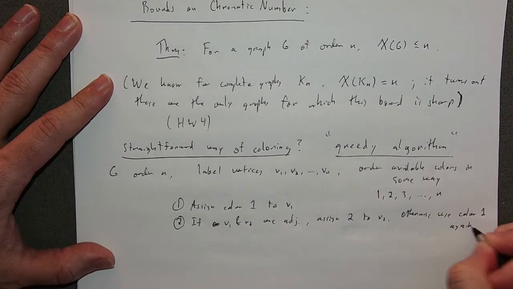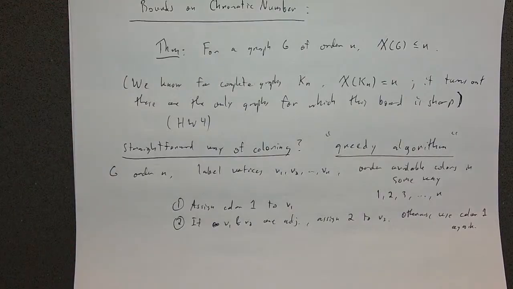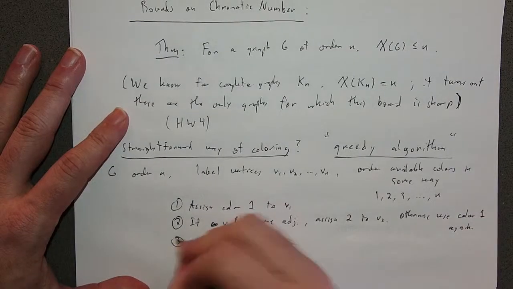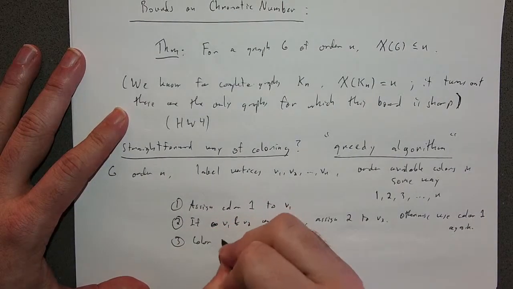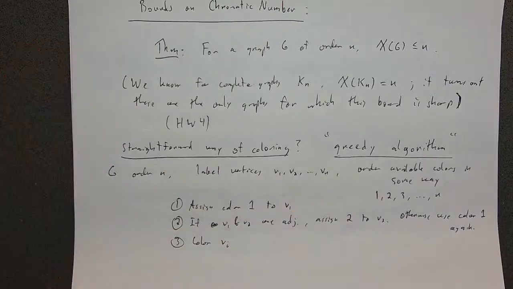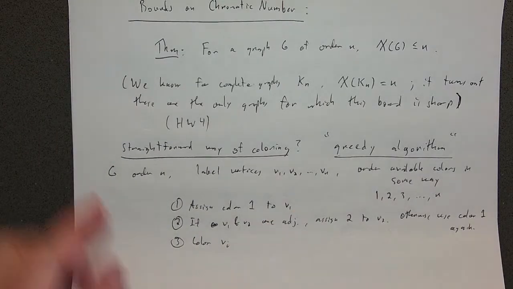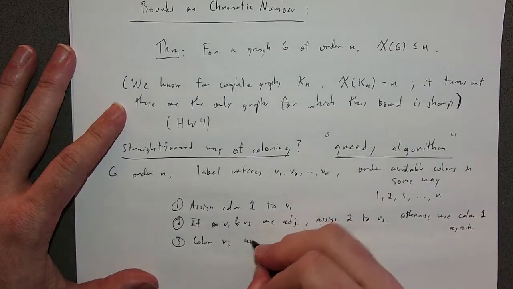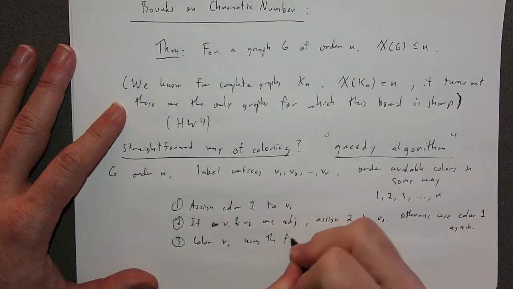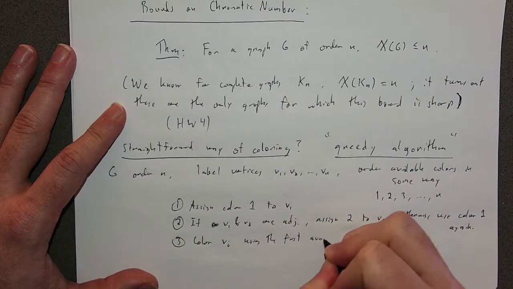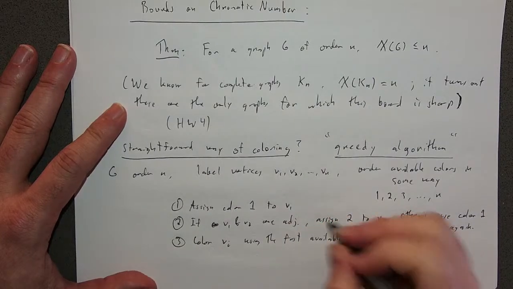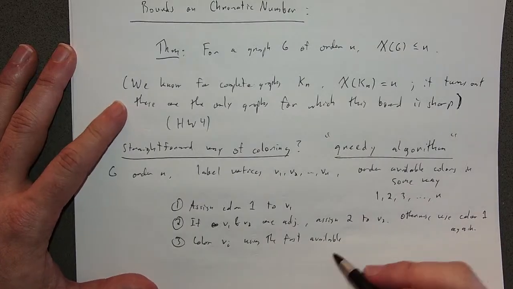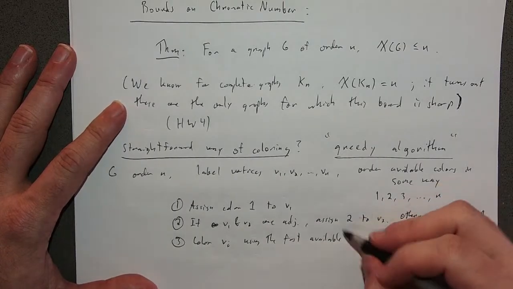Hey, this sounds familiar. This sounds similar to something we did, right? So, in general, to color v sub i, we use the first available color that has not been used for any of v sub i's previously colored neighbors.